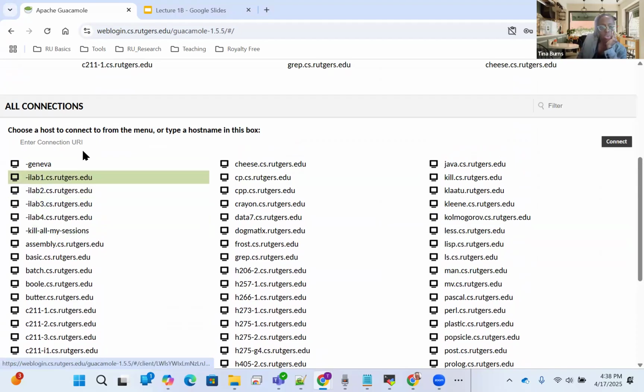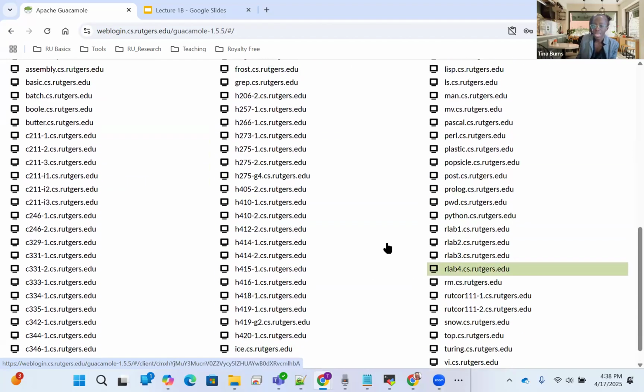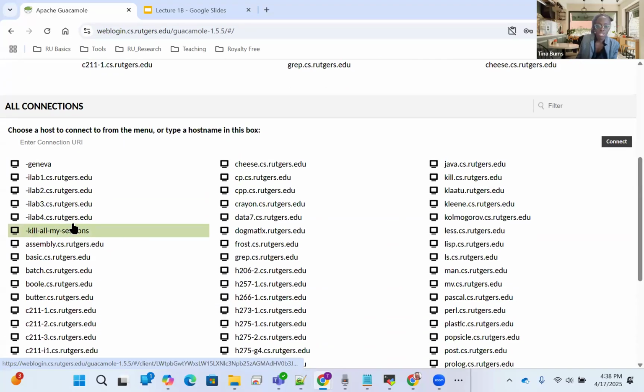I would recommend working with the first 3, because ilabs 4 has a different version of Ubuntu or Linux. We're going to use one of these 3 so that everybody's on the same platform. There are also other computers available here that you can access if you want to. But for today, let's go into ilabs 3.